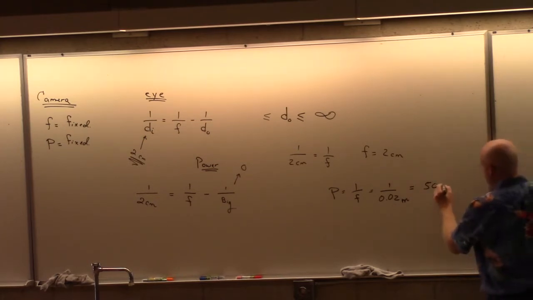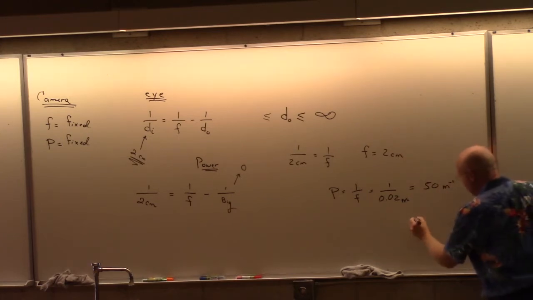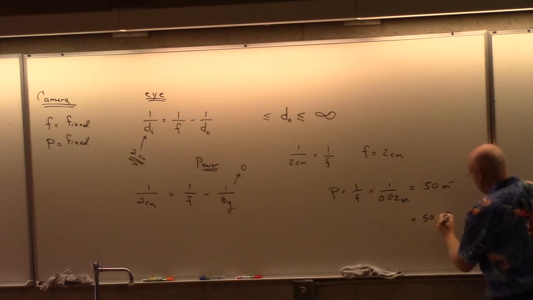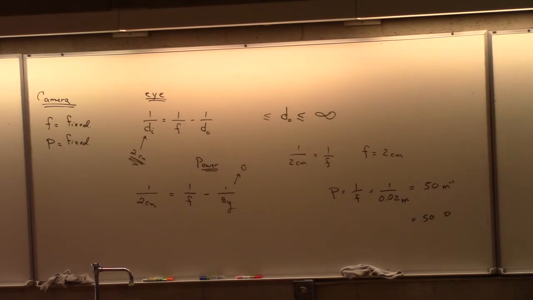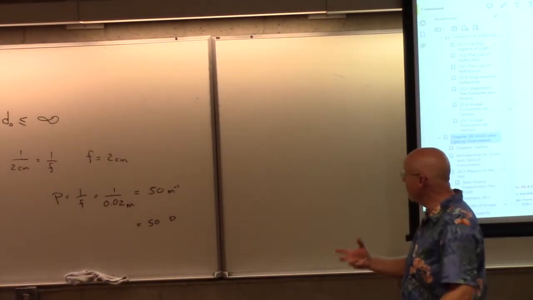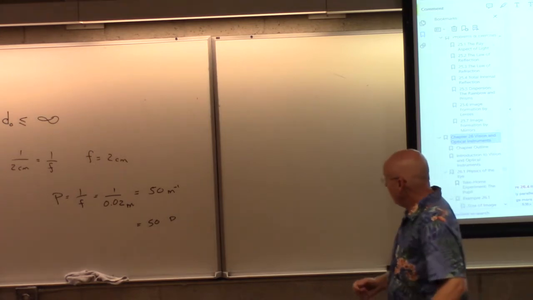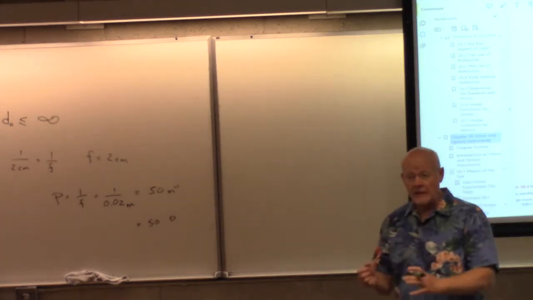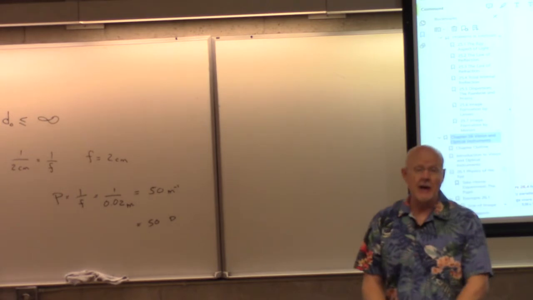And you might even say 50 inverse meters, and hopefully you got a chance to see my little discussion on that supplemental problem that I added yesterday. So the reciprocal of that is the power, and if you measure the distance in meters, that is measured in diopters. So I would say for the human eye, doing my first calculation, the relaxed position gives 50 diopters.